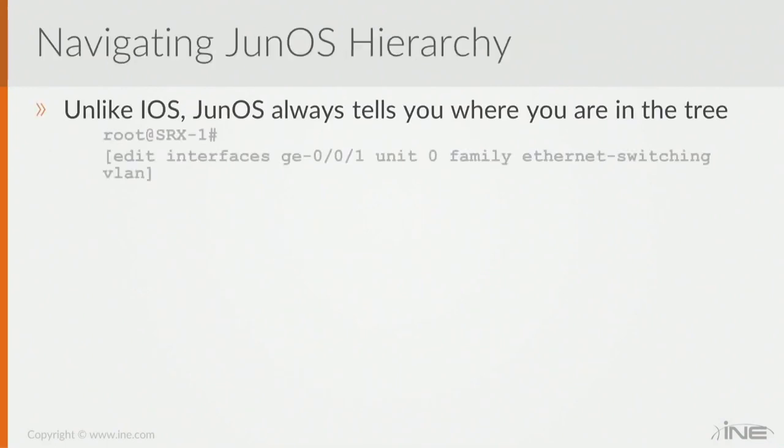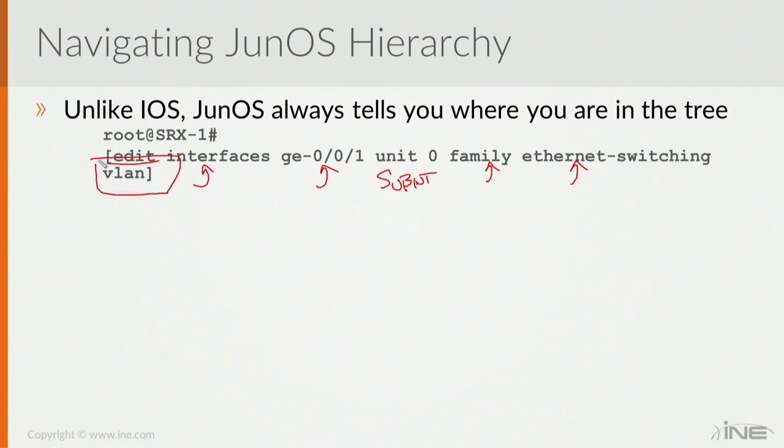Now, in terms of navigating through the hierarchy, like I mentioned, one of the nice features of JunOS is that it always tells you where in the parser you are. So in this case, we're under global config or configuration mode. We're at the interface level, this specific interface, the sub-interface, unit 0, then the address family is Ethernet switching, and we're at the VLAN number.